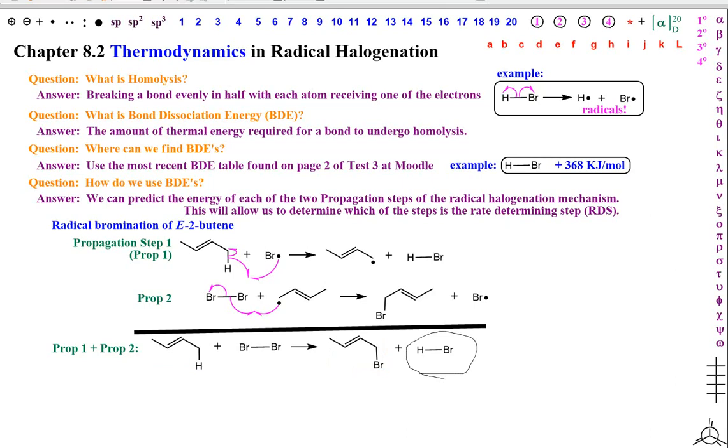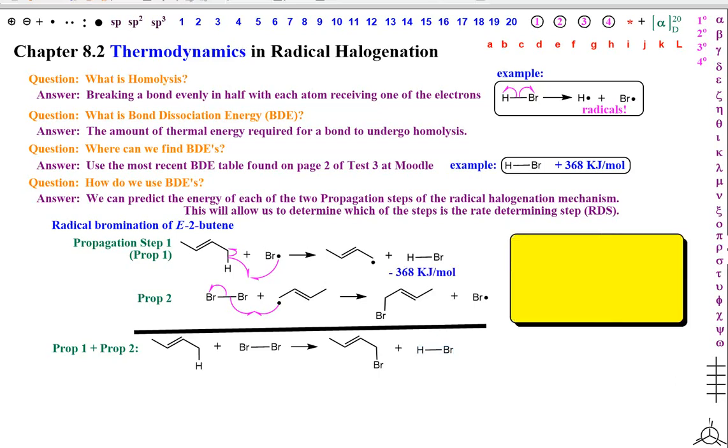Now the question is, how can we use the bond dissociation energies finally? I've written a familiar number down here, but for some reason I've changed the sign. In this reaction we're making a bond between H and Br. Let's explore a simple fact before we move forward.